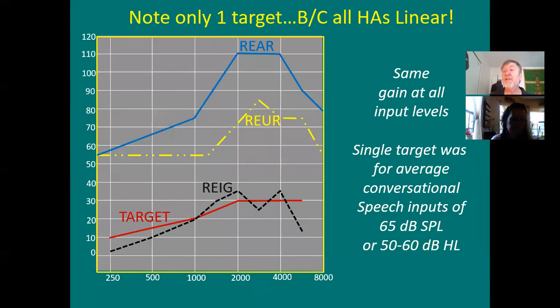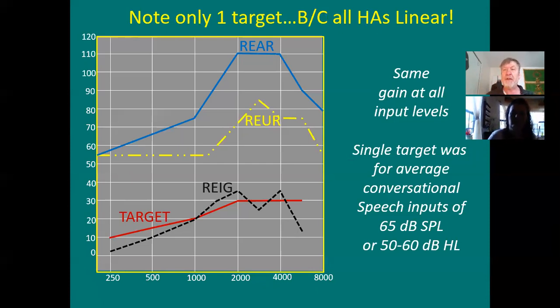There you go. A second thing to remember about yesterday's real ear, and please remember this, one target. Okay? All fitting methods offered one target because they were linear. So hearing aids were linear. And linear hearing aids give the same gain for all inputs. So this red line here is the target gain that you wanted for average speech inputs.